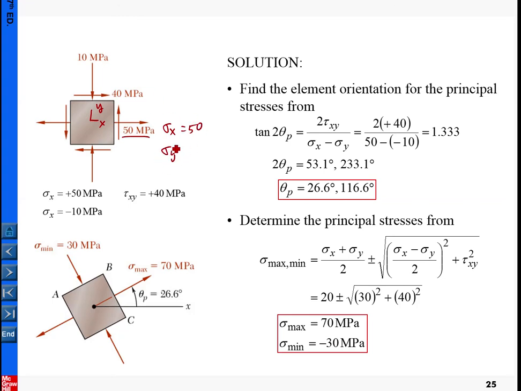Sigma y is 10 compressive, so minus 10, per the sign convention. Tau xy, again per our sign convention, is 40, positive. Now you do the calculations, plug in these equations, and you find theta p equal to this angle, 26.6, a positive angle, so counterclockwise.